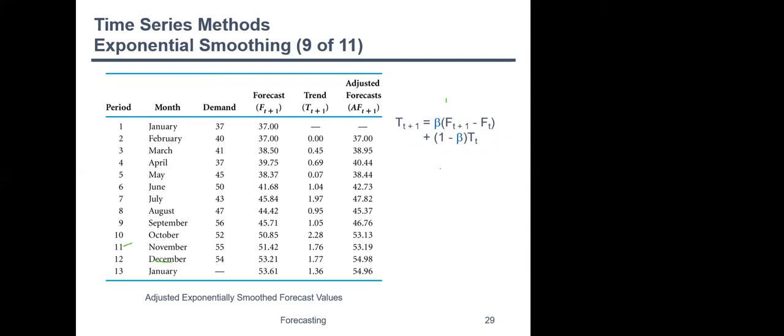And then you also multiply 0.7 by 0.45. That gives 0.315. So when you add to it, 0.375.